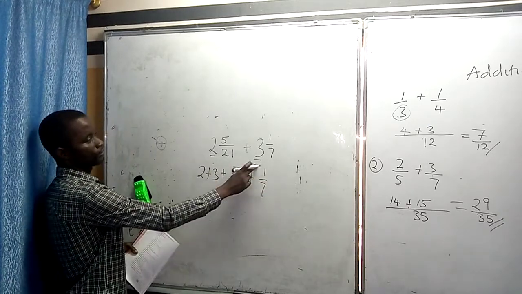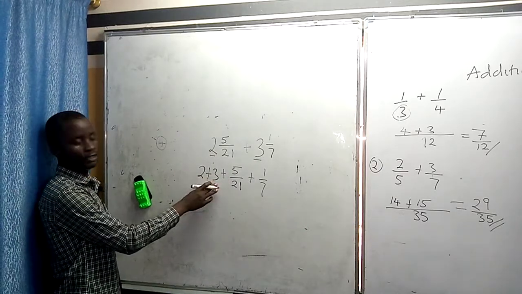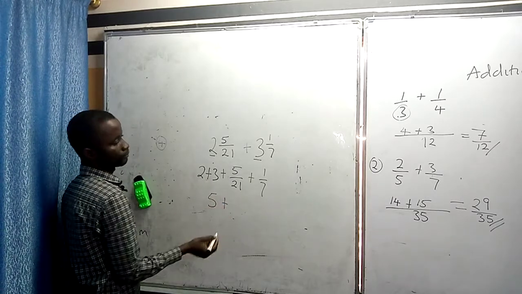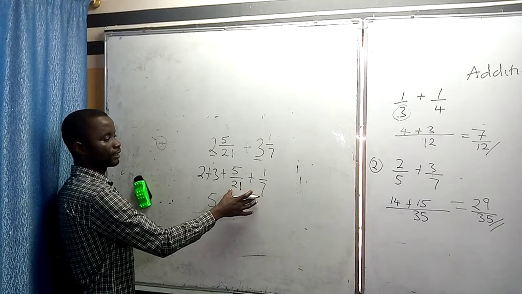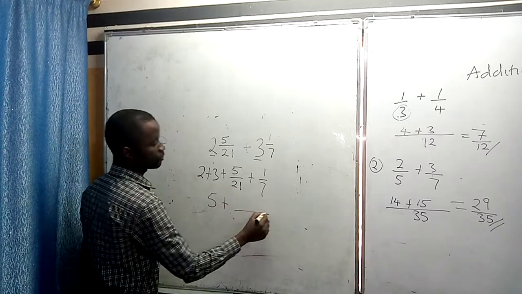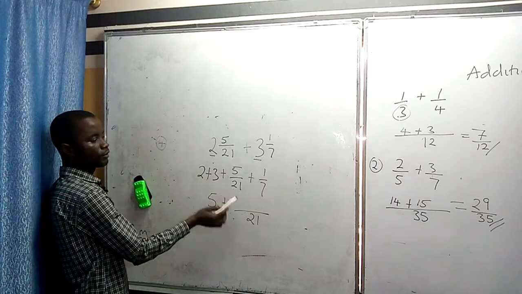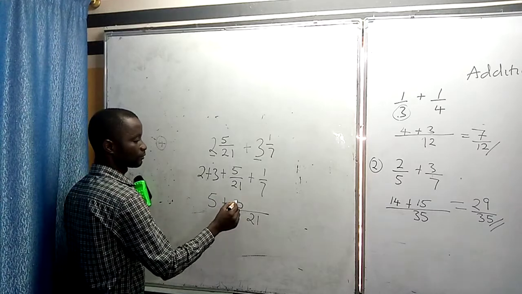That is, you add the whole number. And then 2 plus 3 is 5. In this case, you now find the LCM of the denominators, because this is fractional. The LCM is 21. And then how many times 21 goes in 21 is 1. 1 times 5 is 5.